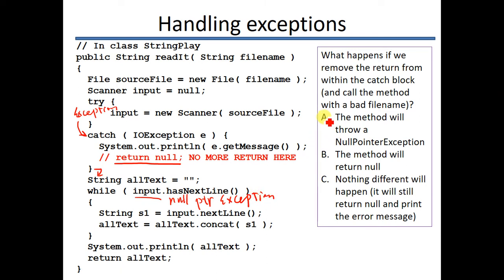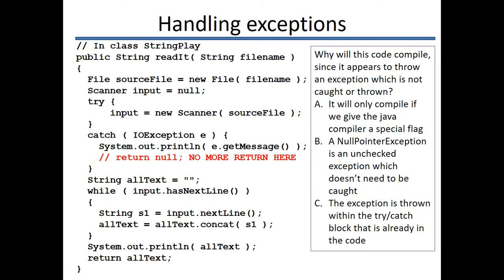So the answer would be A. If you don't terminate the method call and you continue, and your catch didn't take care of the problem, you may see a problem down the line. So this exercise really tells us that with a try and catch block, you will execute after catch with or without the exception. If you have an exception, you will execute catch, then continue. If there is no exception, you will skip catch and continue after catch.